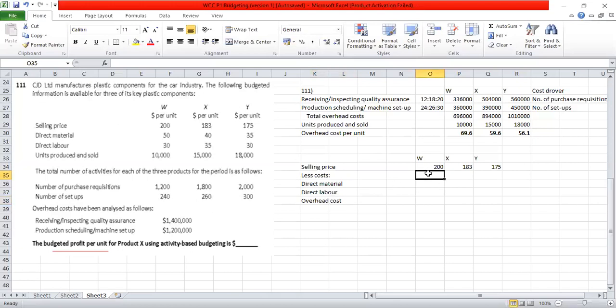Per unit costs are, we have here it as 50, 40, 35. Then next we have 30, 35, and 30. Next overhead cost. Find out the total cost.